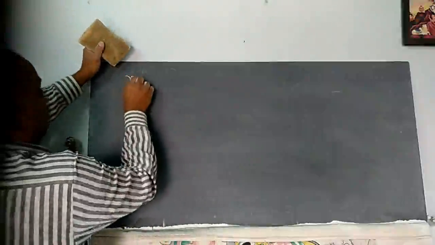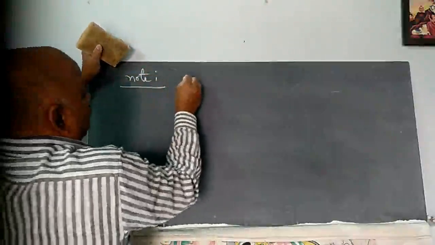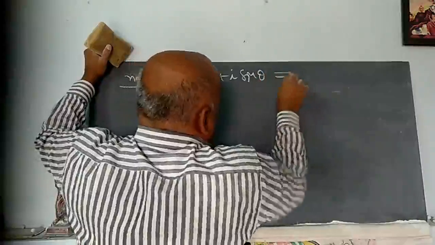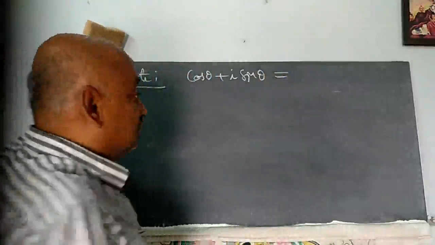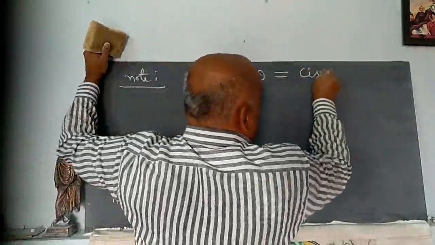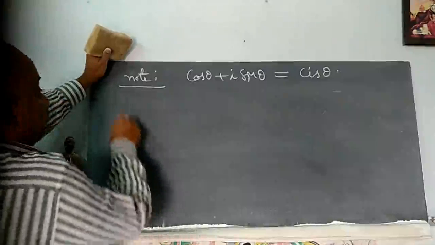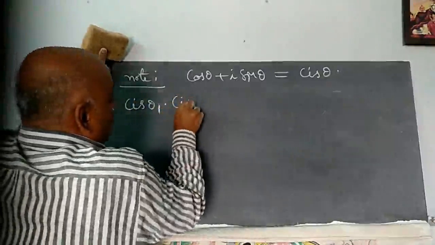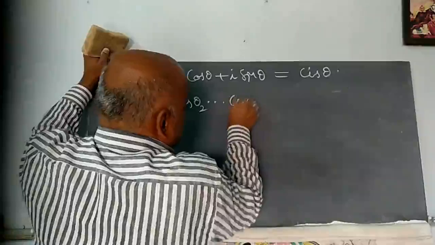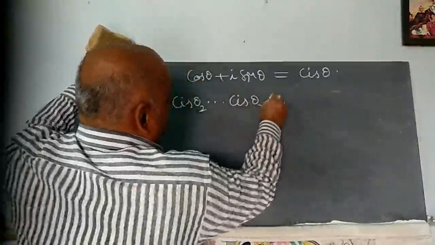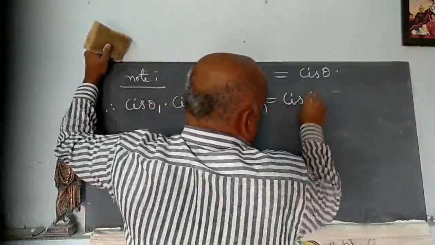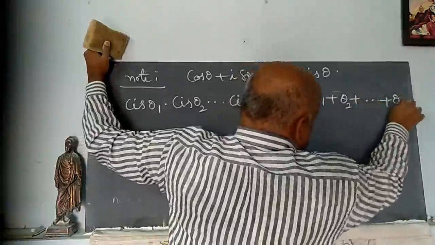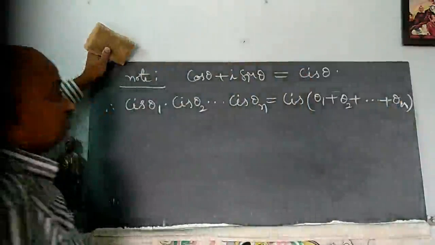Note, cos theta plus i sin theta is abbreviated as cis theta. Therefore, cis theta 1 into cis theta 2 into up to cis theta n is equal to cis of theta 1 plus theta 2 plus up to theta n.